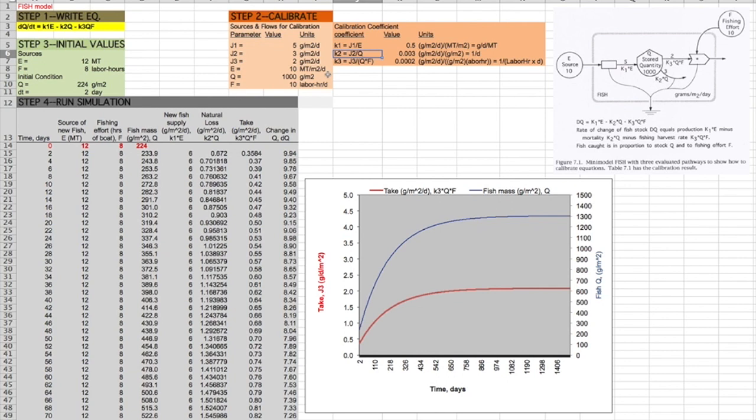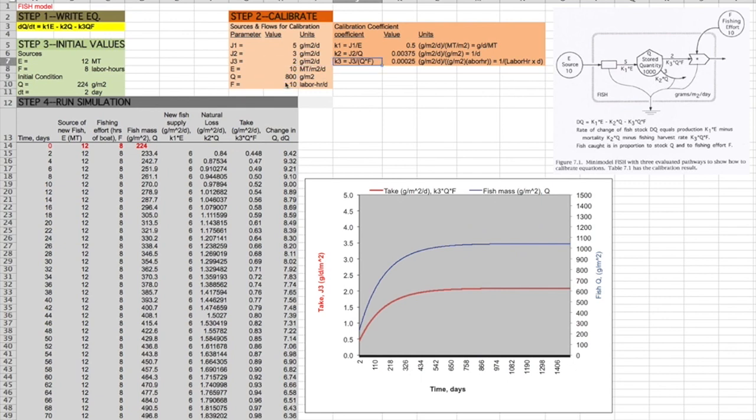We need to be careful with our recalibration and changing these values, because we can see that a parameter like Q is actually tied to 2 pathways. It's tied to the natural loss, K2Q, and it's also tied to the take through K3QF. If we were to change Q, instead of it being 1,000, maybe 800, that's going to change K2 and K3.